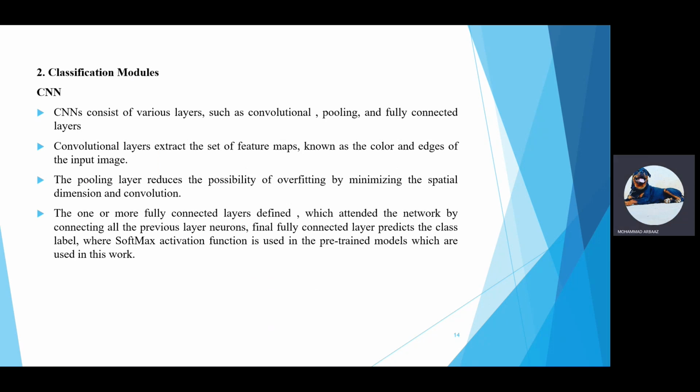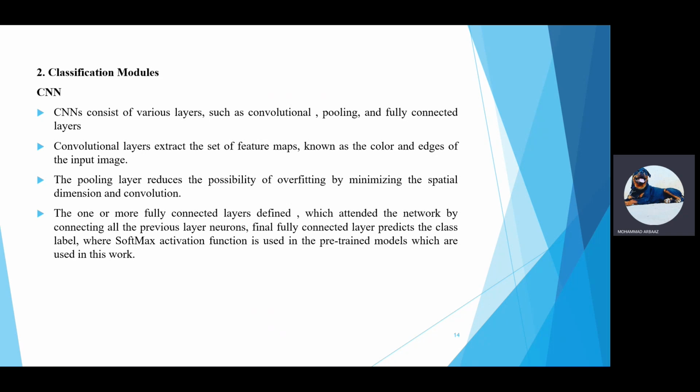Let us come to the classification model, which is the other proposed method. In this, we will be using a convolutional neural network. A convolutional neural network consists of various layers such as convolutional, pooling, and fully connected layers. Convolutional layers extract feature maps, known as color and edges of the input images.